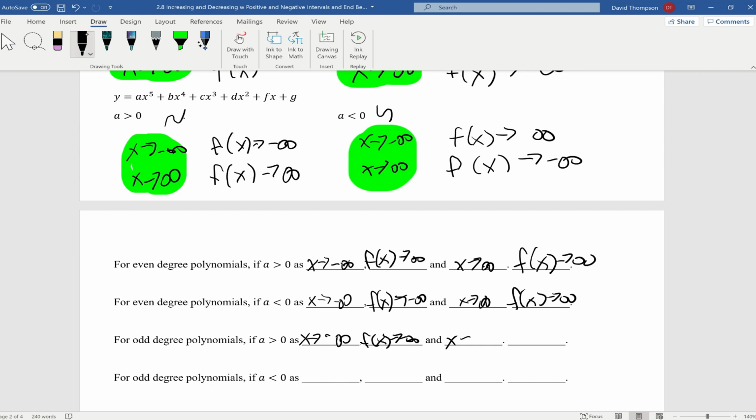And as x approaches positive infinity, f of x is going to approach positive infinity. And then the reverse for when a is less than 0. So as x approaches negative infinity, f of x is going to approach positive infinity. And as x approaches positive infinity, f of x is going to approach negative infinity.